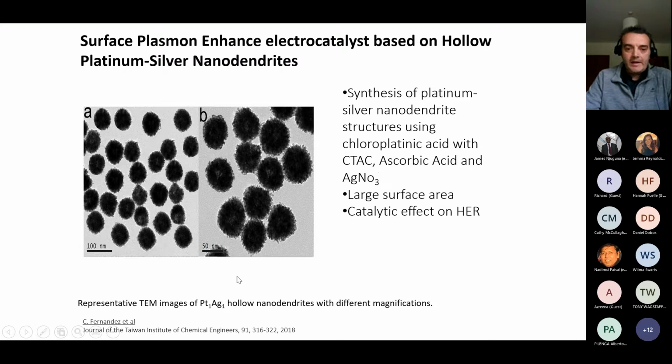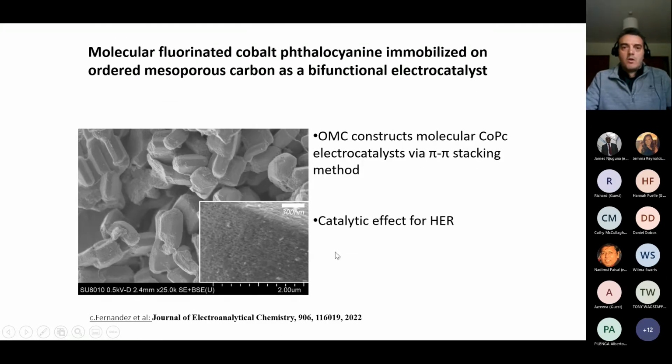Here we constructed that particular mesoporous carbon with the molecular cobalt electrocatalyst via the pi-pi stacking method, giving a catalytic effect for the hydrogen evolution reaction as well as other systems.